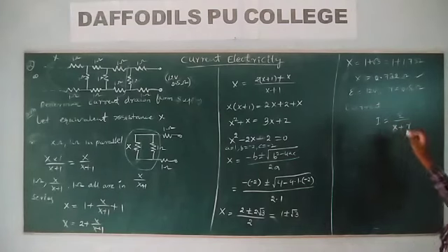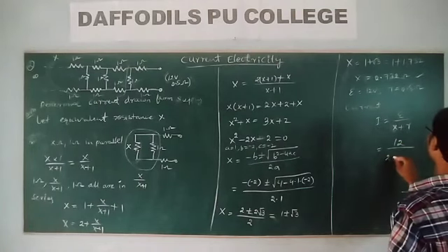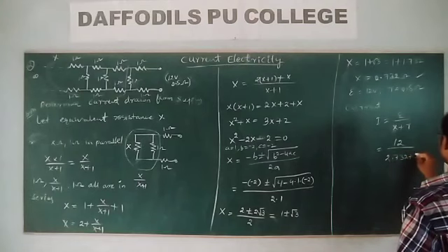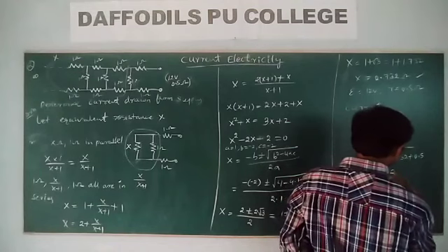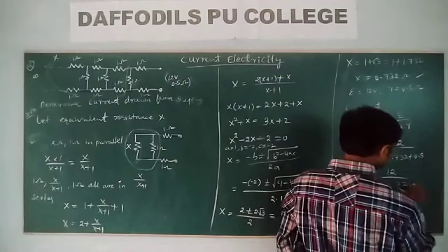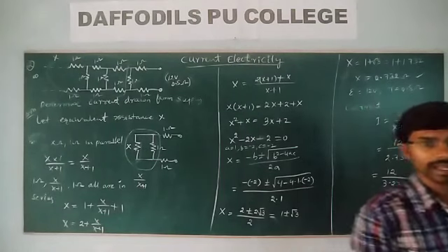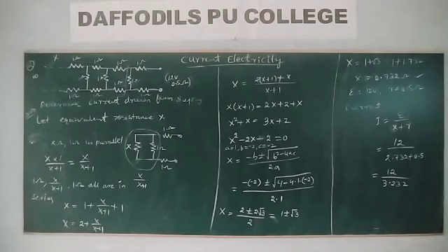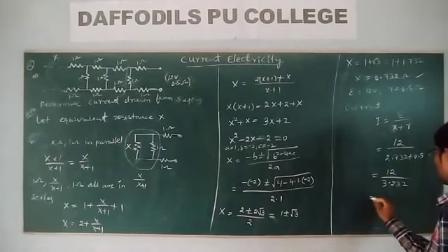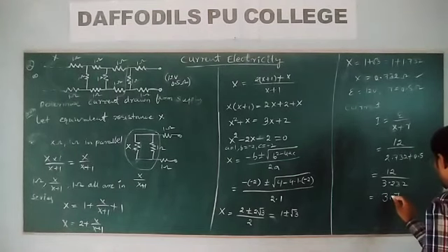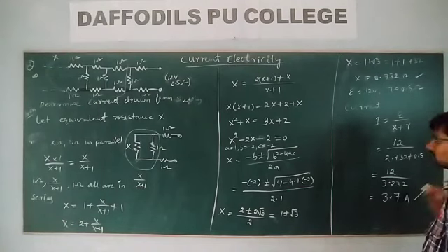Here R is equal to x. So I is equal to 12 by 2.732 plus 0.5, that is 12 by 3.232. This value is around 3.713 ampere, which is around 3.7 ampere.